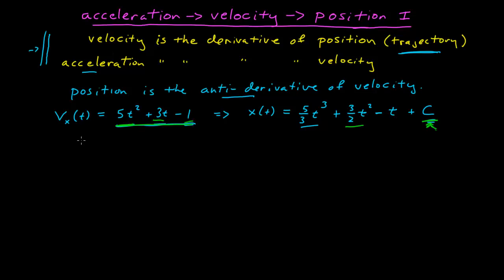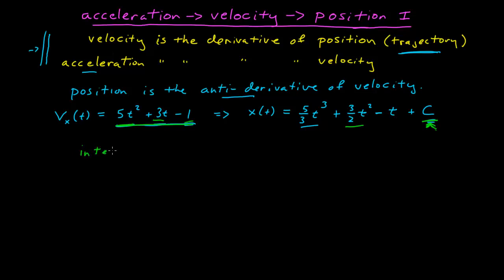One important key is, if you've done this sort of thing in calculus before, this C is often called arbitrary, and what they mean by arbitrary is it can be any real number, but it is not arbitrary in the sense that it can be anything. It has real physical meaning.